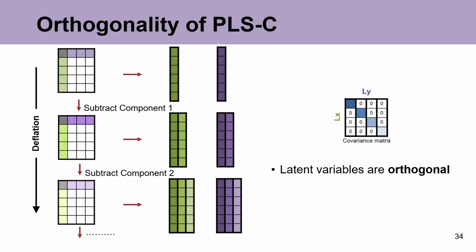It's like the plane. It's orthogonal in this space, but not in the individual table. So I have, for example, 3 components that I got from PLS from each table.